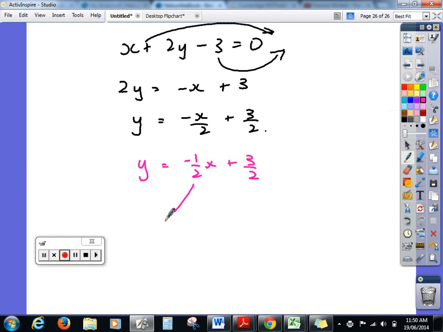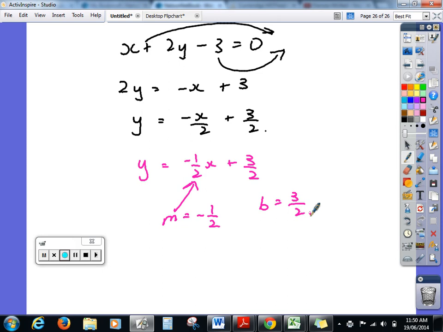So the gradient is equal to minus a half, and the y-intercept is 3 on 2. That's the quickest way of finding the gradient and the y-intercept, because it's all found in one go.